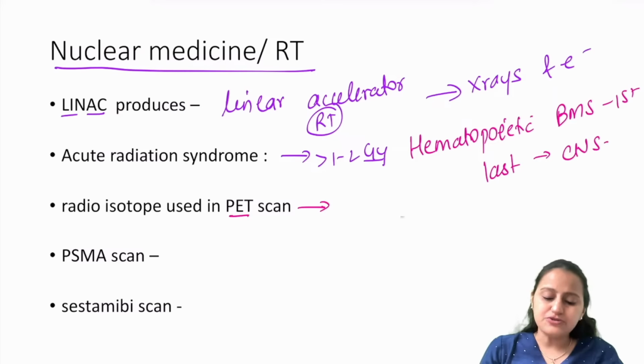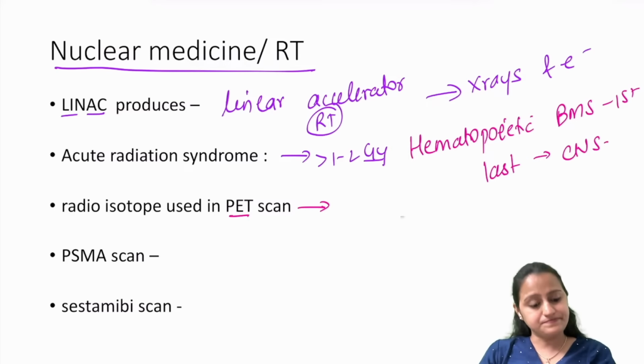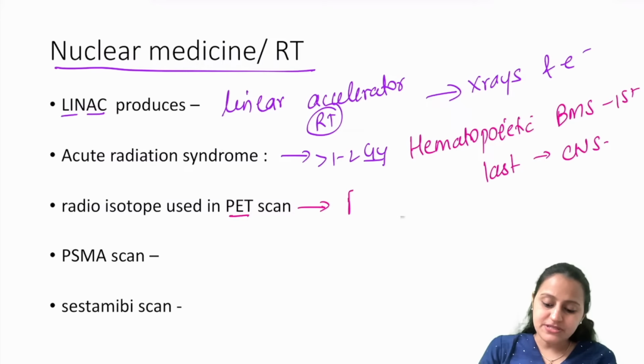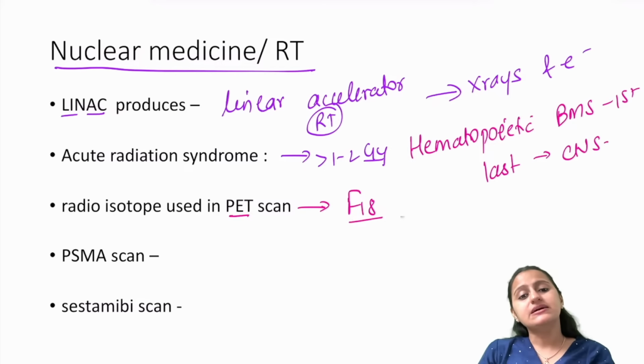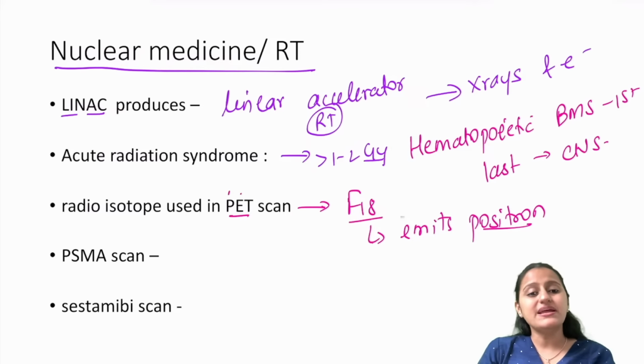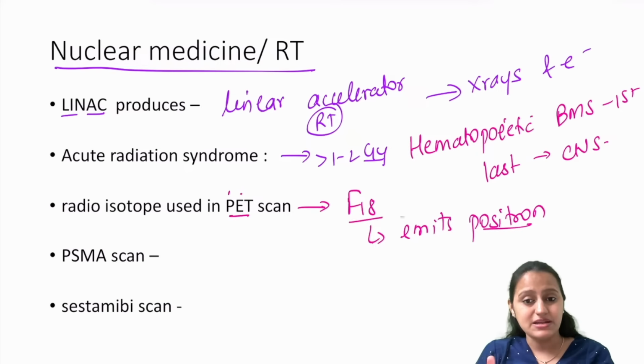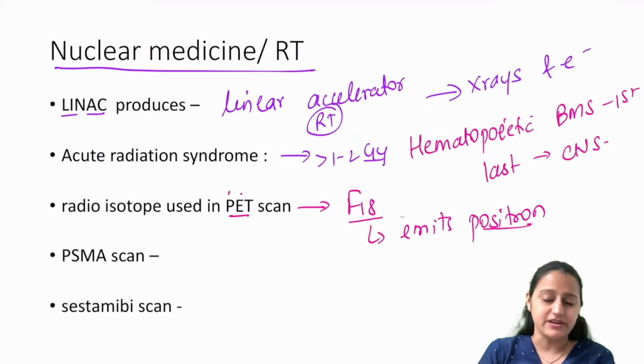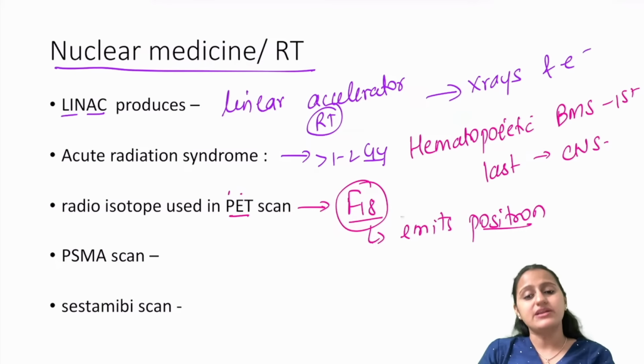What radioisotope is used in PET scan? PET uses F18, right? Why does it use F18 only? Because it emits positron. PET stands for positron emission tomography. Okay, it's not therapy. It is positron emission tomography. So F18 is a positron emitter.